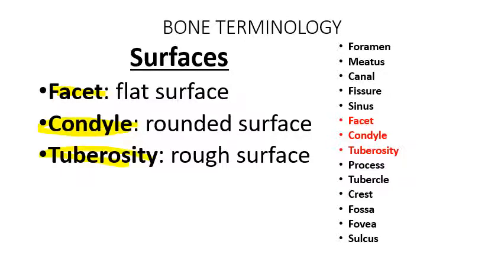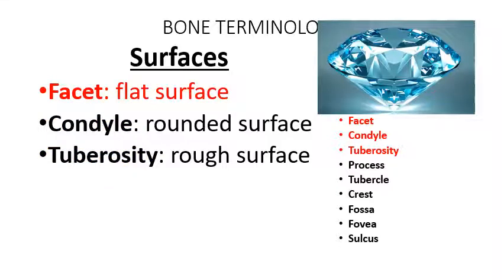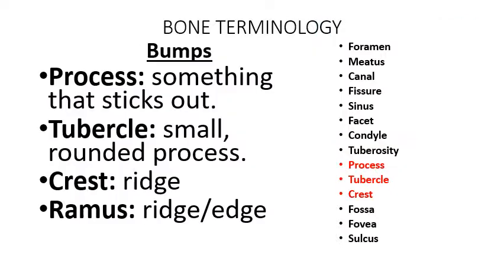Generally, the muscles are attached to the periosteum, but usually they're attached at a rough spot on the bone called a tuberosity. So when you see a piece of a bone that's kind of bulgy and rough, that's usually an attachment point for a muscle, and it's usually called a tuberosity. Okay, so you know what a facet of a diamond is. So a facet of a bone is a small, flat surface.